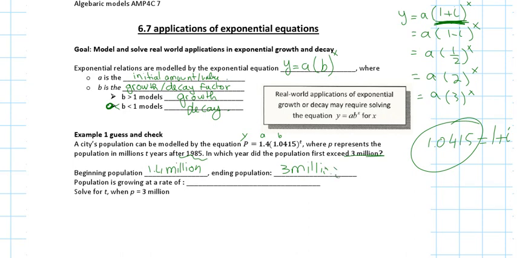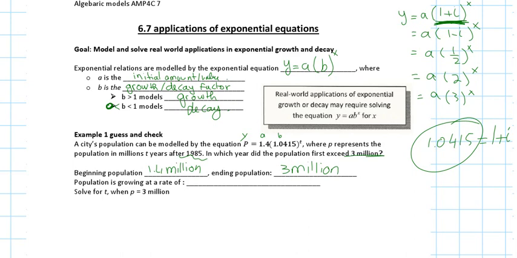Now, if I'm asking you, what is the rate that the population is growing at? So what letter am I looking for? What is the rate? I am solving for t, because that's what the question is asking for. But for this specific question, population is growing at a rate of what? 4.15?